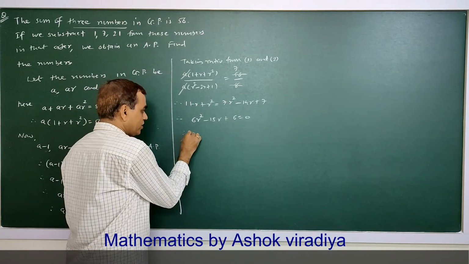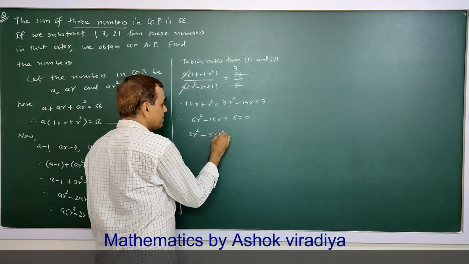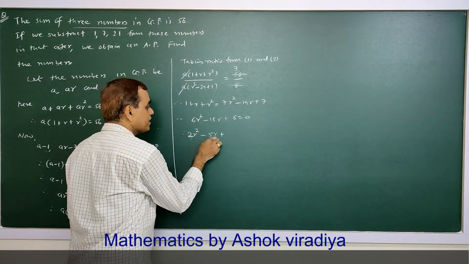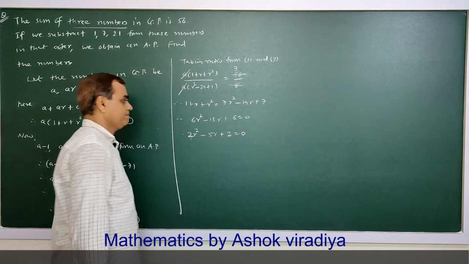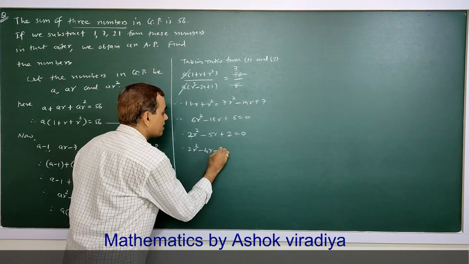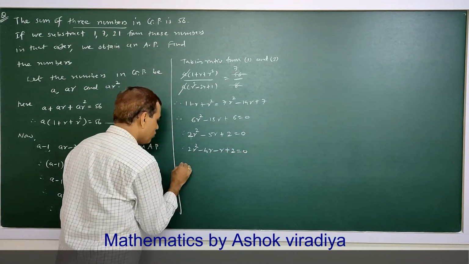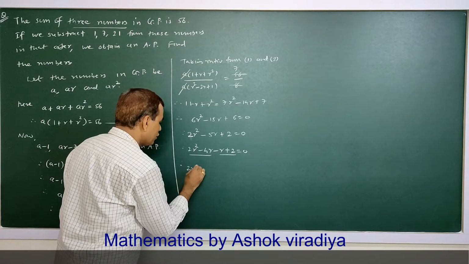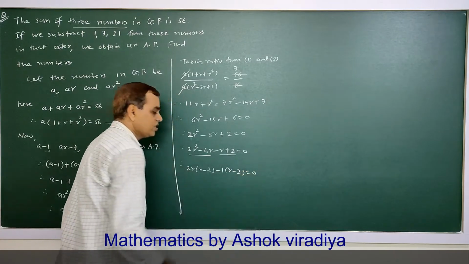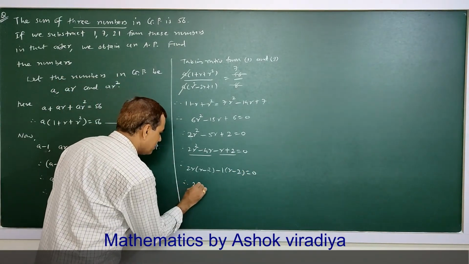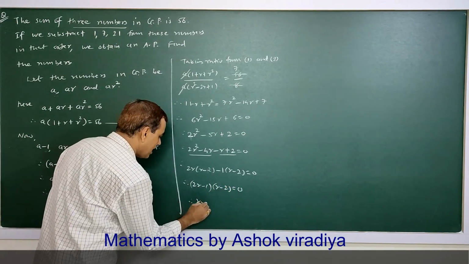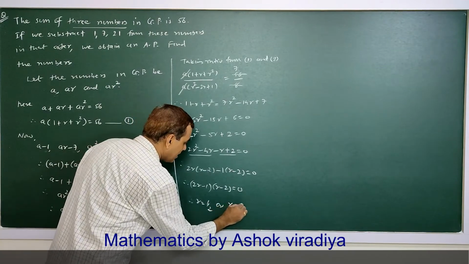Dividing by 3, 2R square minus 5R plus 2 is 0. That is 2R square minus 4R minus R plus 2 is 0. So 2R into R minus 2 minus 1, R minus 2 is 0. Therefore 2R minus 1, R minus 2 is 0. So R is 1 by 2 or R is 2.